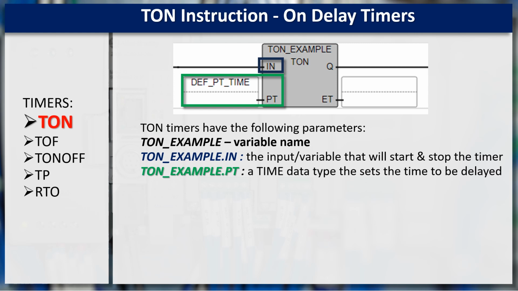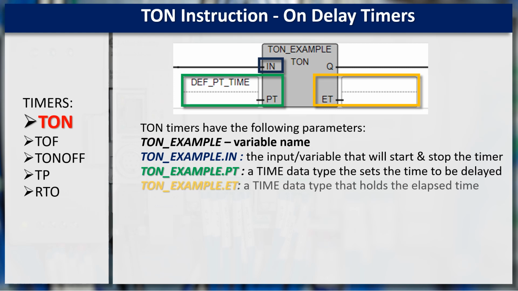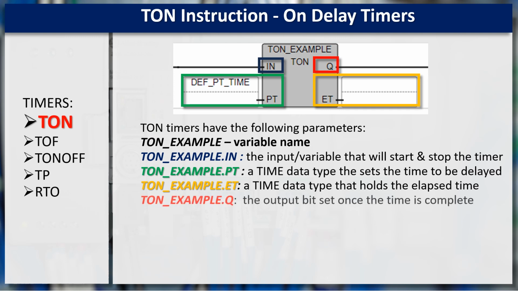The next part comes with the package, which is what happens after the time has elapsed. So TON_example.ET is where that is stored. Once the IN is set, it's going to start to elapse time and constantly compare it to the programmed time. Once those two agree and the input IN is still true, then it turns on the output.